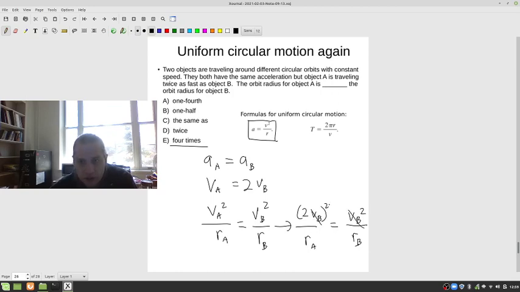Then this would be 2 squared, and then solve your equations for 4RB equals RA. And there you go. So I will give you a problem like that. It won't be this problem, but it will be similar to that, where you change a different variable.